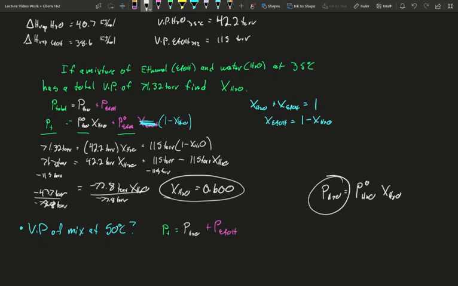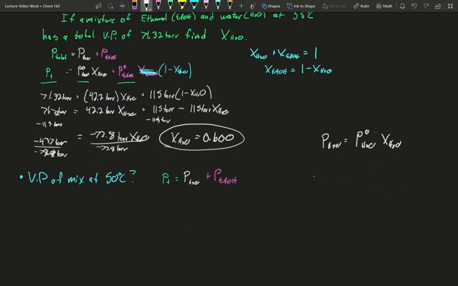So in order to get our actual vapor pressure of water, I already know the mole fraction, I need what the pure vapor pressure would be. Well, we can solve that. Remember that the ln of P2 over P1 is equal to negative delta H of vaporization over R times the inverse of the temp 2 minus the inverse of temp 1.